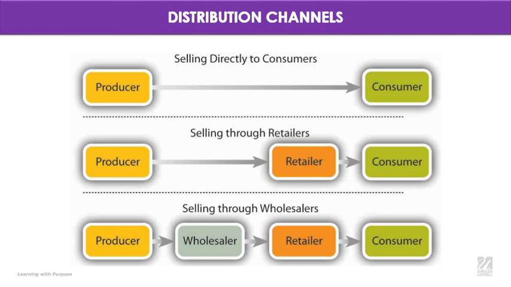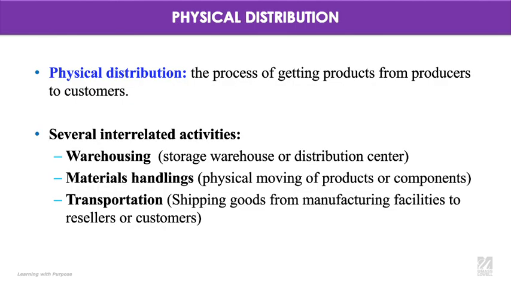So distribution channels: what are the channels we use to distribute our products or services? We can do physical distribution. This is how we move our products from producers to customers. And with intermediaries, we can have the warehousing, the materials handling, we can have the transportation, we will ship our products to other countries, to other cities, etc. Or we don't want to do that.